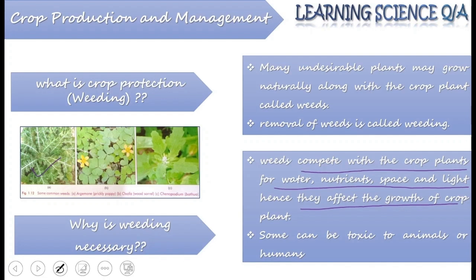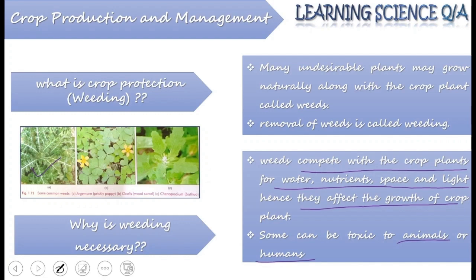That means what we have grown, we are not going to get the enough yield out of it. Many times the crop plant that we are growing is consisting of fodder. And in that case, if these weeds are toxic, then they can affect the animal as well as the human.